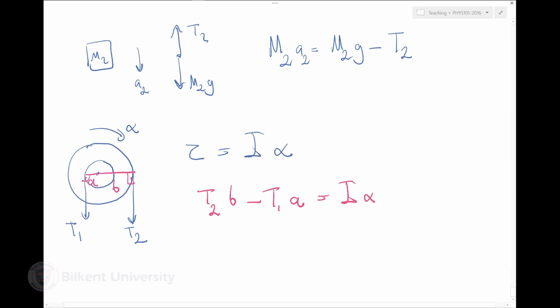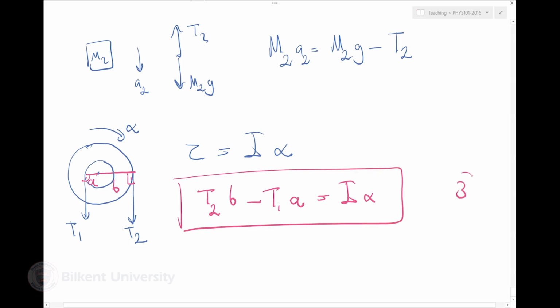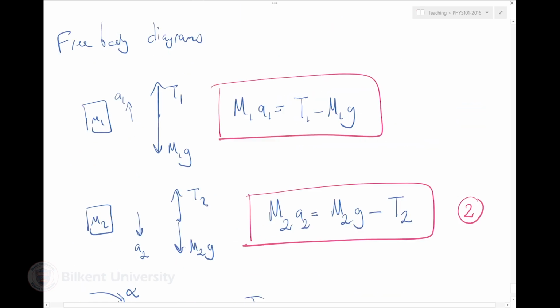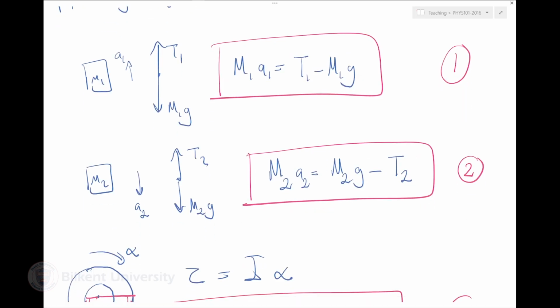So that's my third equation. That's my second equation. That's my first equation. The trouble is that I have far too many unknowns, right?